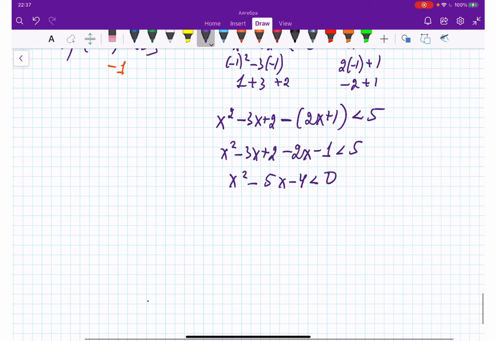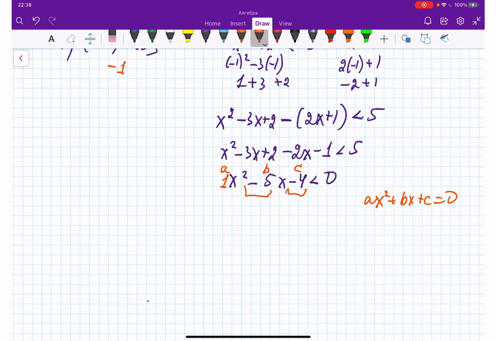So if I solve this quadratic inequality, this is going to be 1, which means this is A. This negative 5 is going to be my B, and negative 4 is going to be C. And I'm going to follow this format: ax squared plus bx plus c equals 0.